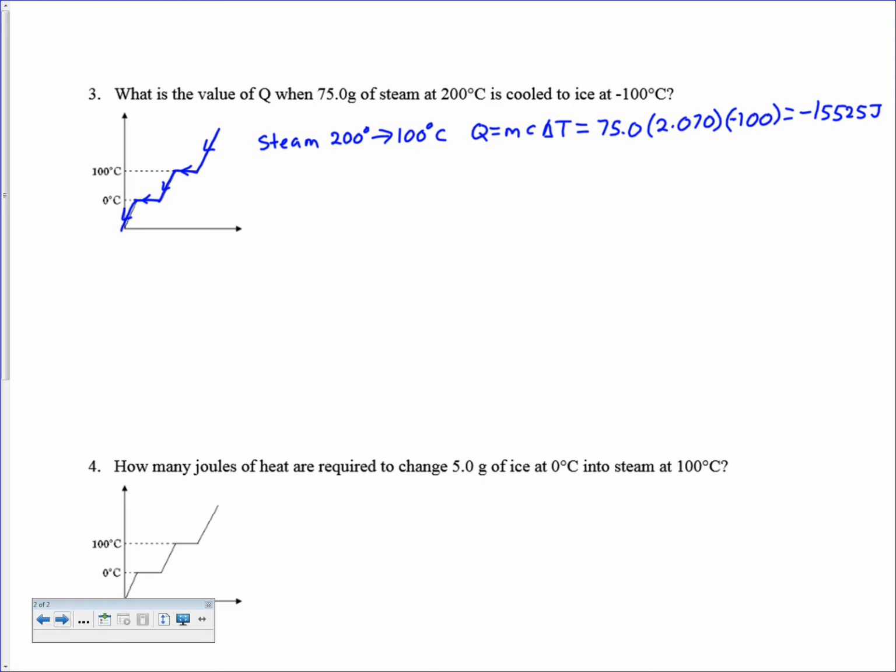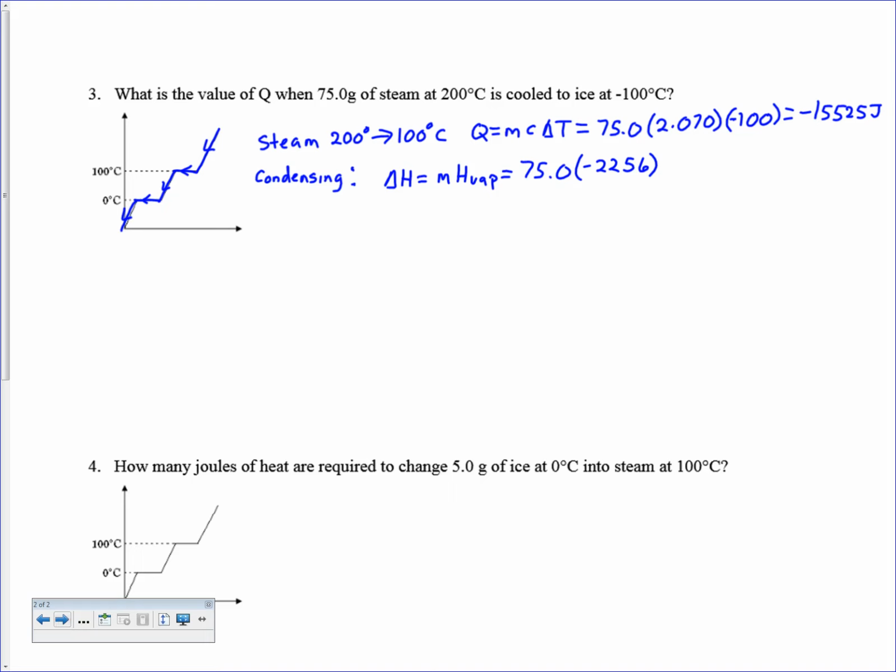Step number 2, we're condensing it from a gas into a liquid. Condensation is an exothermic process, so again, it's going to be negative. We've got delta H equals mass times heat of vaporization, which equals 75.0 times the heat of vaporization, 2256, but we're going to call it negative 2256 because, again, this is the condensing form.